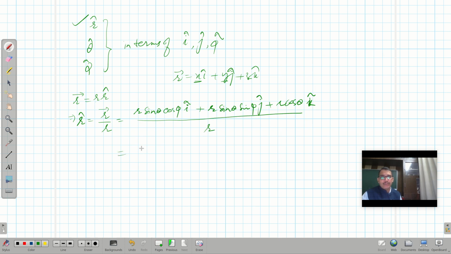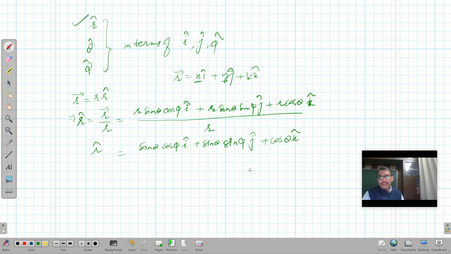So it comes out to be sine theta cos phi i cap plus sine theta sine phi j cap plus cos theta k cap. So this is the unit vector r cap in terms of i cap, j cap and k cap.